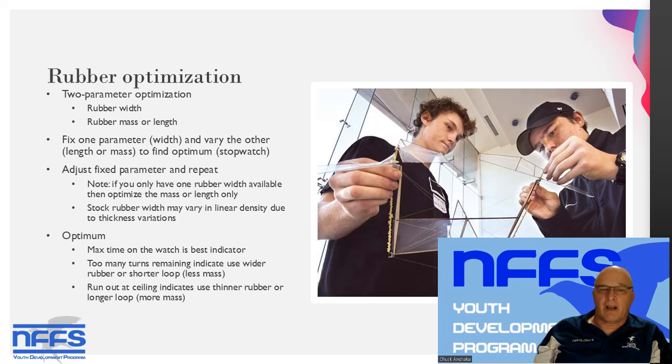It's hard to say, but I would start if you've got 10% of your turns remaining, you might want to consider going in the direction of shorter rubber. Your stopwatch will be your final indicator. Just use the remaining turns as an indicator of which direction you should go. If your helicopter is running out of turns up at the ceiling and just free falls, use thinner rubber or put more mass on it, put more fuel in the tank.